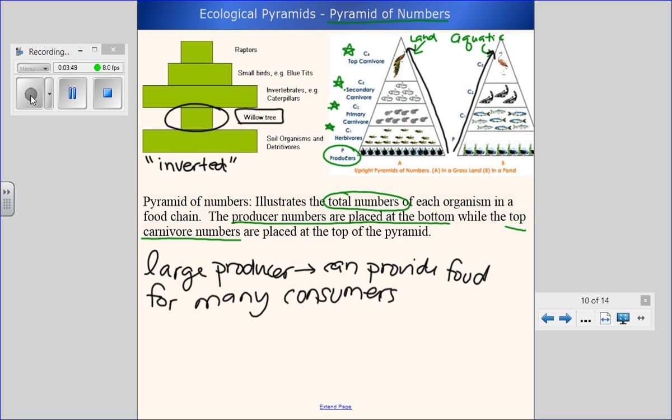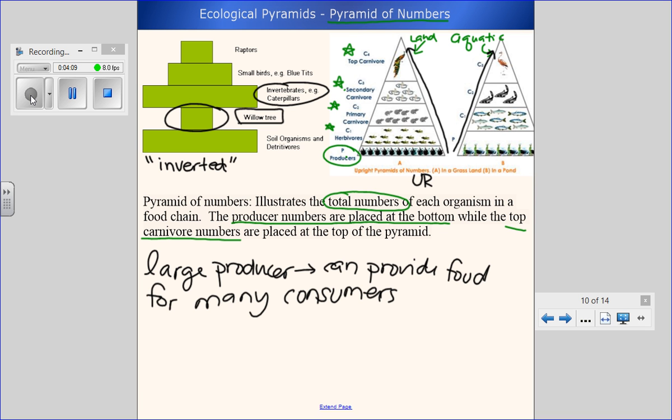And so we see a problem with representing things with pyramids of numbers. They don't always represent what's really happening because, like in the case of a willow tree, one tree could be supplying thousands of small invertebrates. Here we have caterpillars.